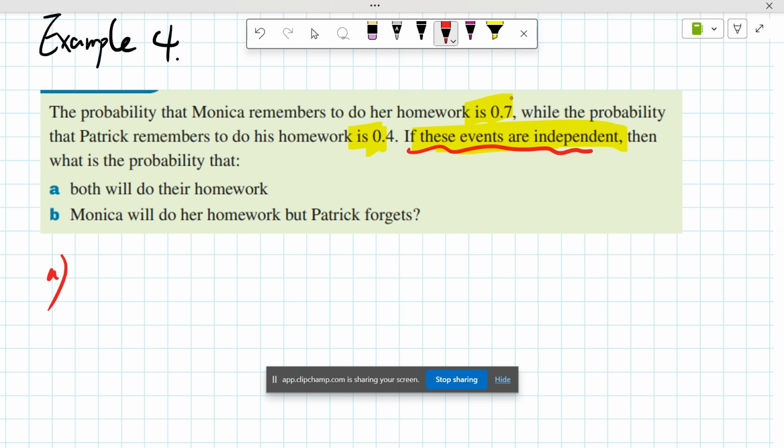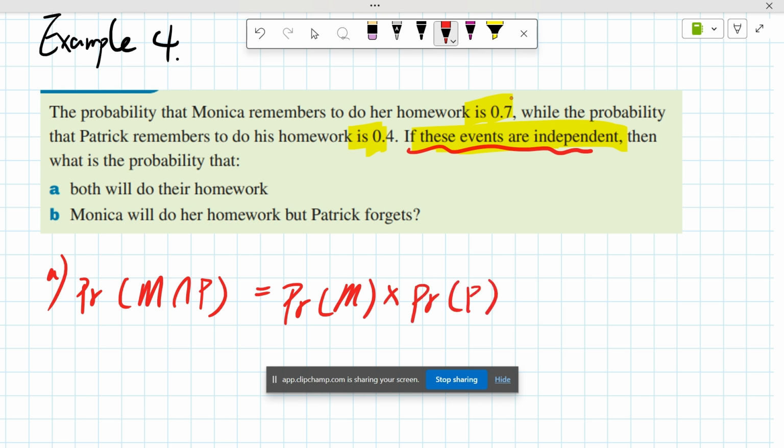If they both do the questions, that means you take the intersection. Monica is M and Patrick is P. Make sure you write down those numbers. Then that equals the probability of M multiplied by the probability of P, which equals 0.7 times 0.4, that equals 0.28.